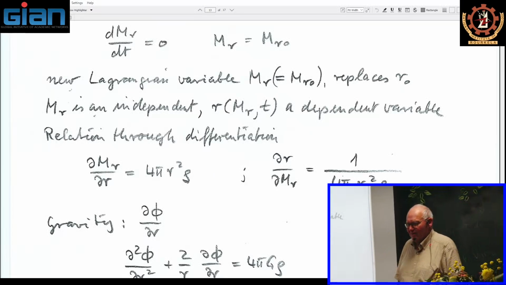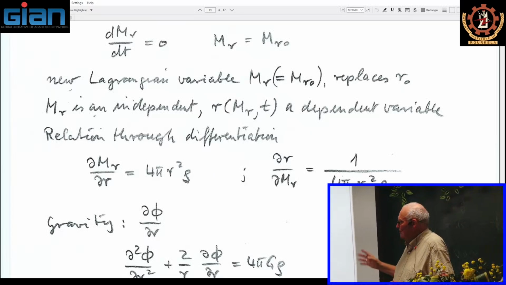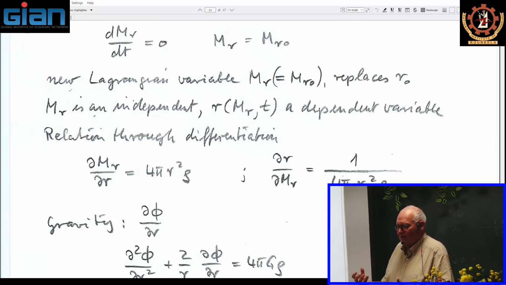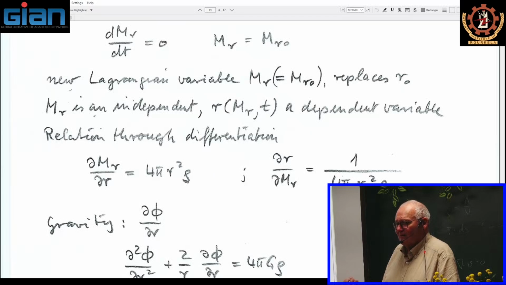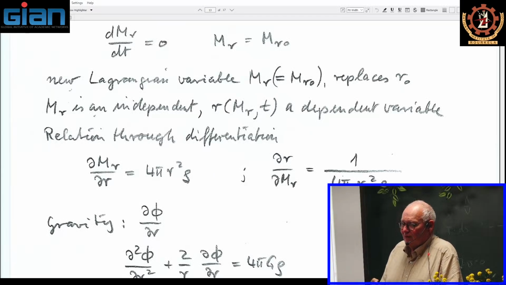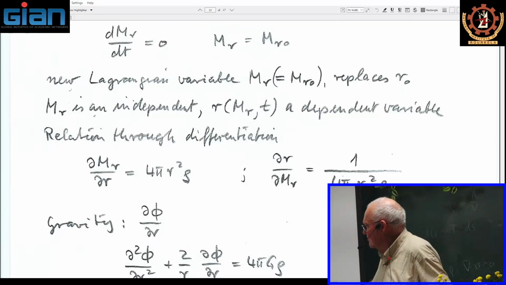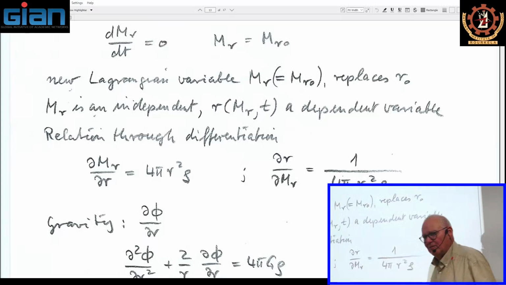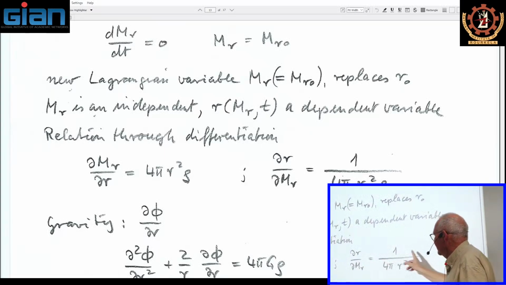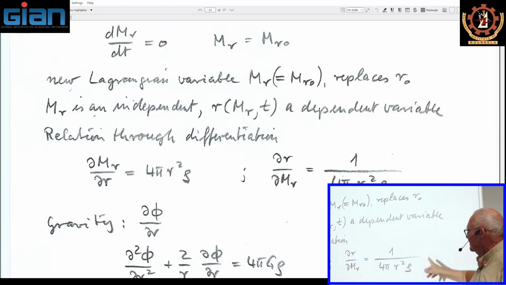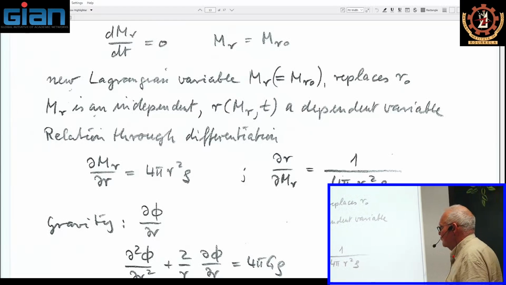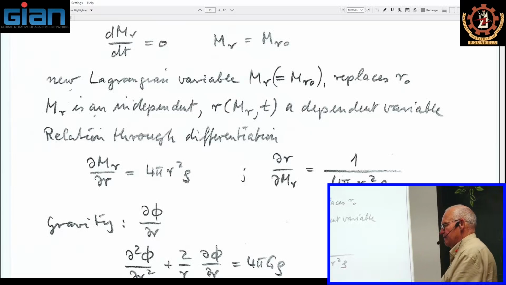So we can transform from the Eulerian position as an independent variable to the Lagrangian variable M(r), and the transformation is given by d/dM(r) equals 1 over 4 pi r squared rho times d/dr. This can be used as a transformation from radius to mass.